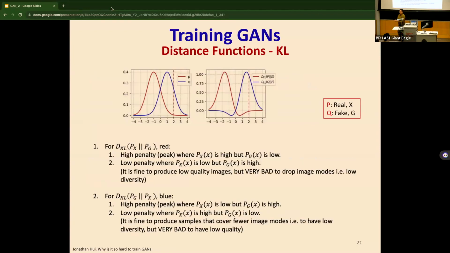Another thing we saw was why we even need to use the JS divergence. Why can't I just use KL divergence? One reason we saw in the last class was that KL divergence is not symmetric. What that means is if you have two distributions, the KL divergence between P and Q or Q and P is going to be different.